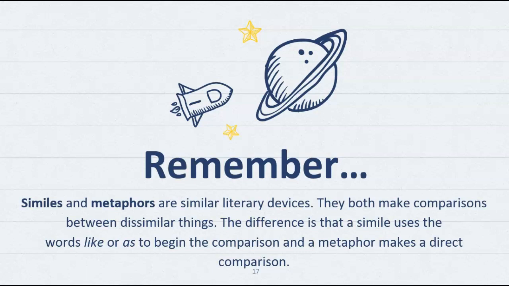So like we saw on the last slide, a metaphor will just say, a black stallion is a speeding bullet, and a simile would say the black stallion is as fast as a speeding bullet, or the black stallion is like a speeding bullet. So if we see the word like or as being used to compare those things, it's a simile. If those words are not there, it's a metaphor.